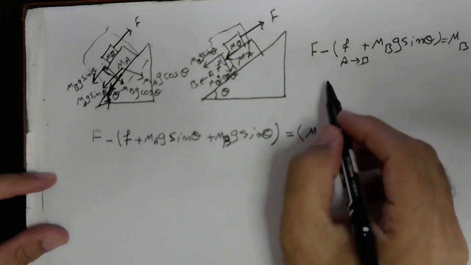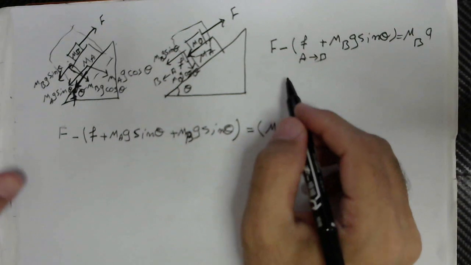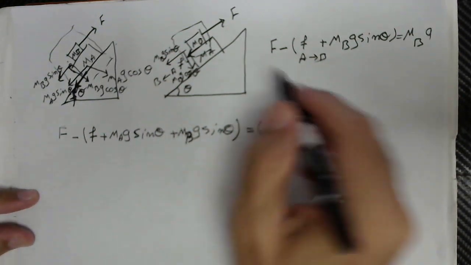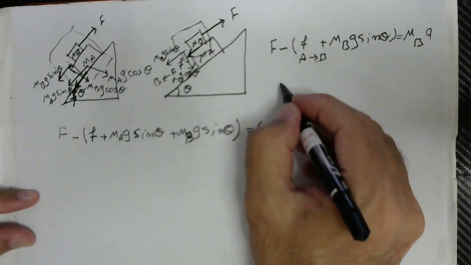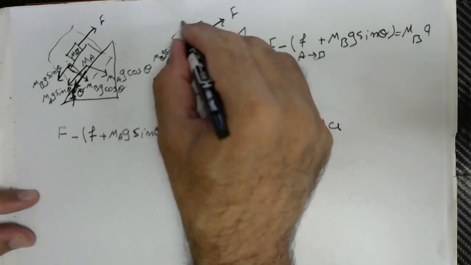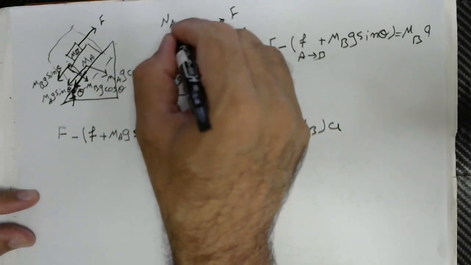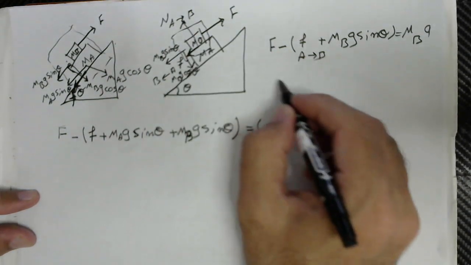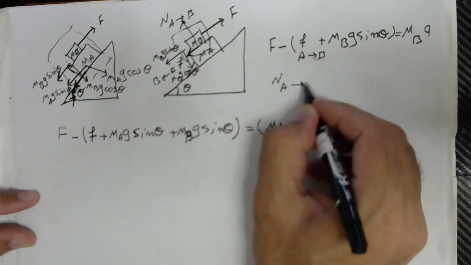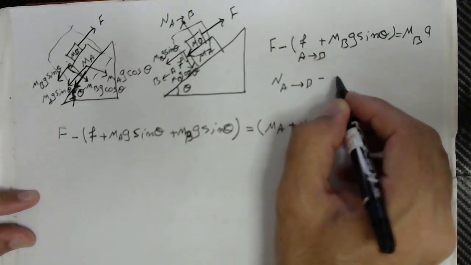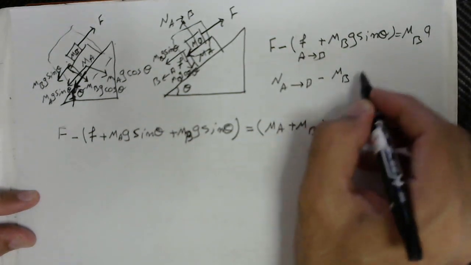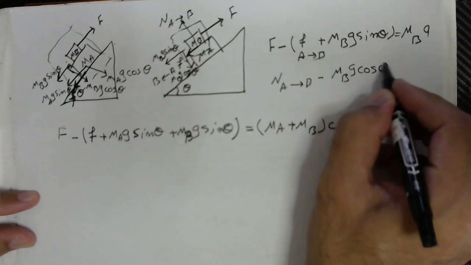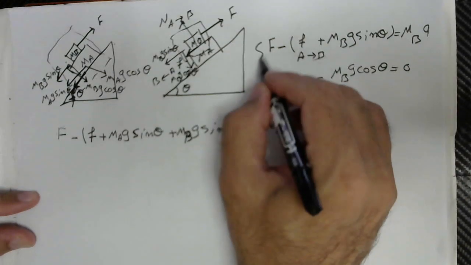And basically, in the vertical direction, we say N A to B minus MBg cosine theta equals 0.